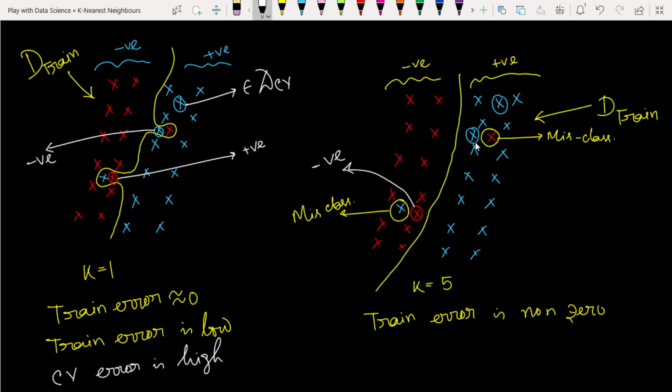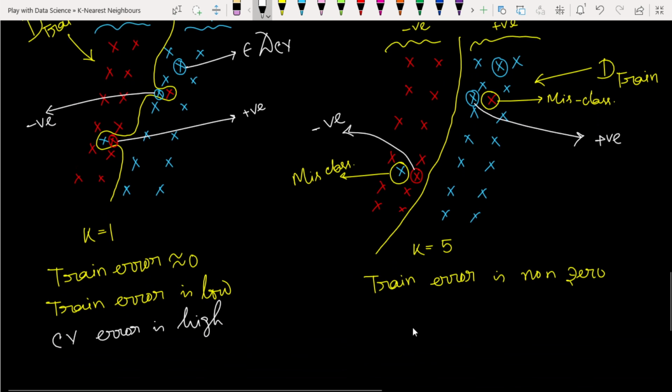But we have to see the opposite thing in this graph. So here our cross validation error is low.